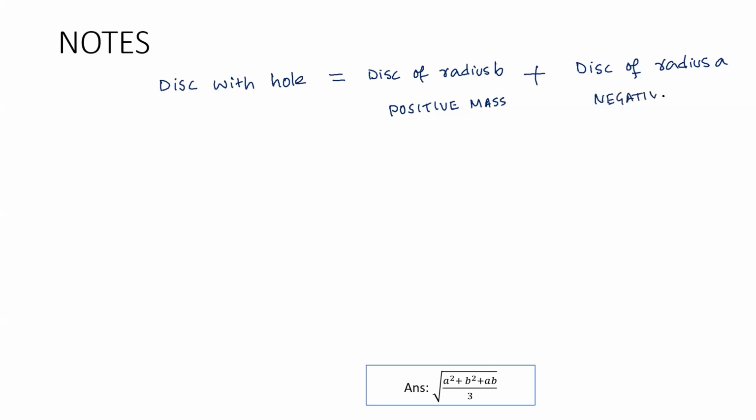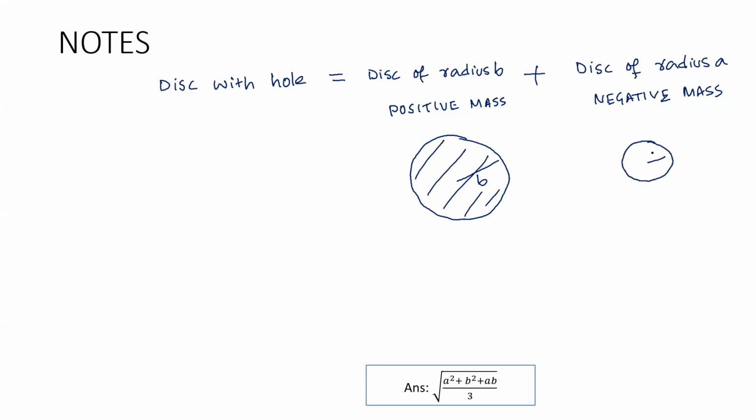So what will happen when I add them? I'll get a hole. You understand? So I have this disk of radius b, so I have mass everywhere, and then I have this special negative mass disk of radius a. So if you place it exactly over the position where you want the hole, you will get this.